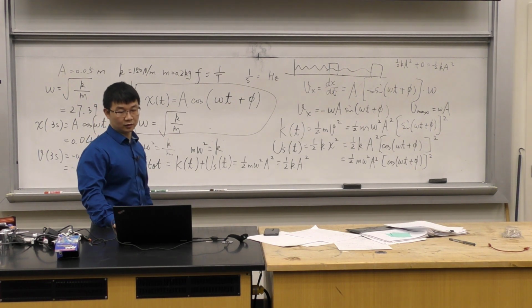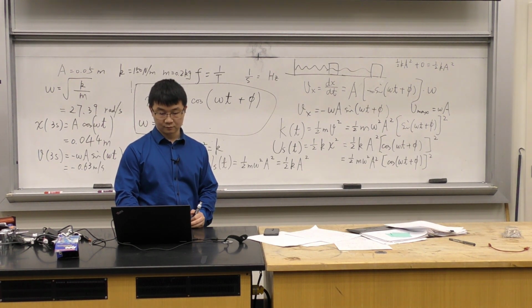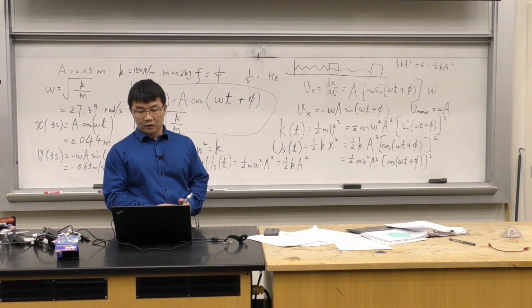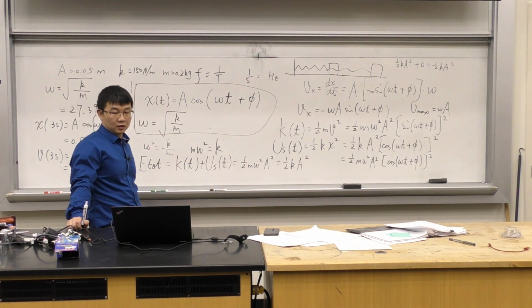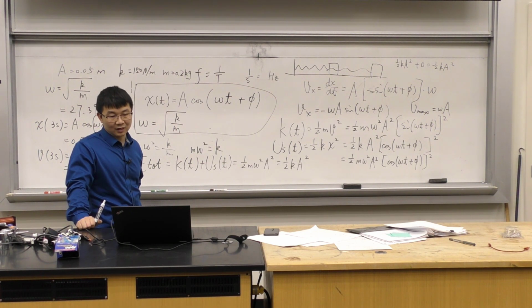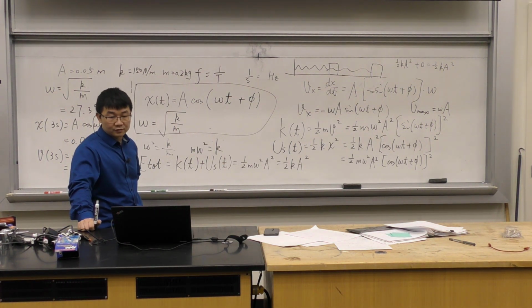Now let's take a look at this question on slide 13. A 200 g block is connected to a light spring, which is pretty much like this, right? Okay, the same oscillator. The block is displaced 5 centimeters from the equilibrium and released from rest.